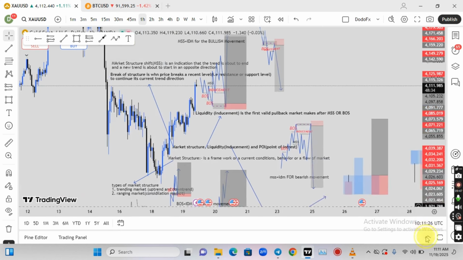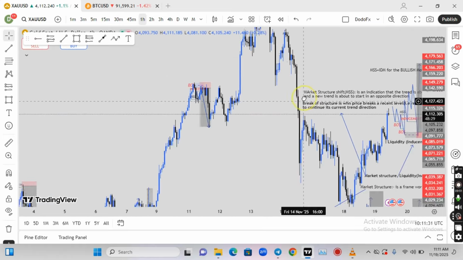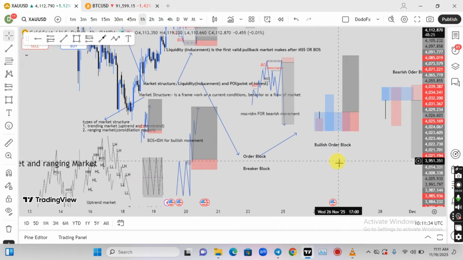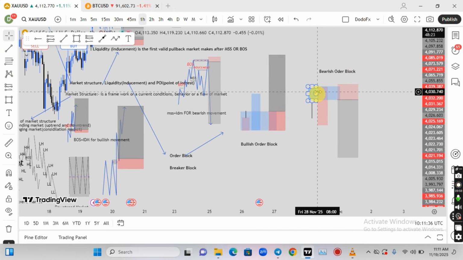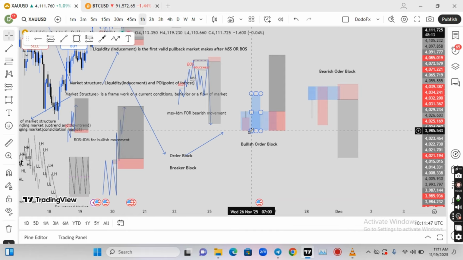I think I have some videos that I usually do, of points of interest I picked out. So when picking an order block, when you're looking for a sell, you use this order block to pick for the bearish movement. But if you're looking for a buy, you pick this kind of entry point, then look for your order block zones to pick for your buy.